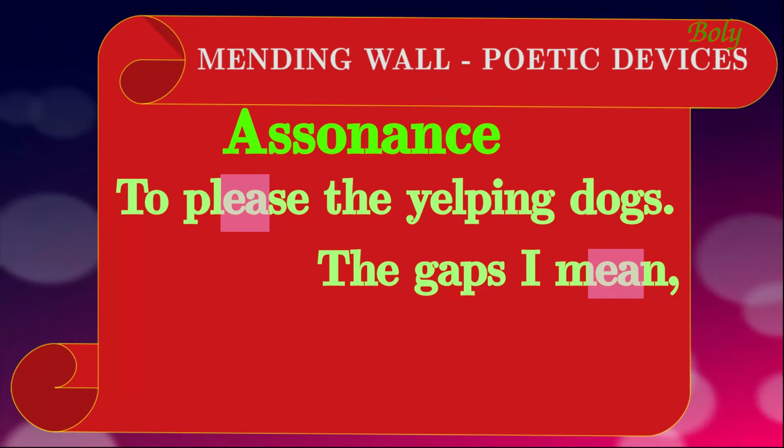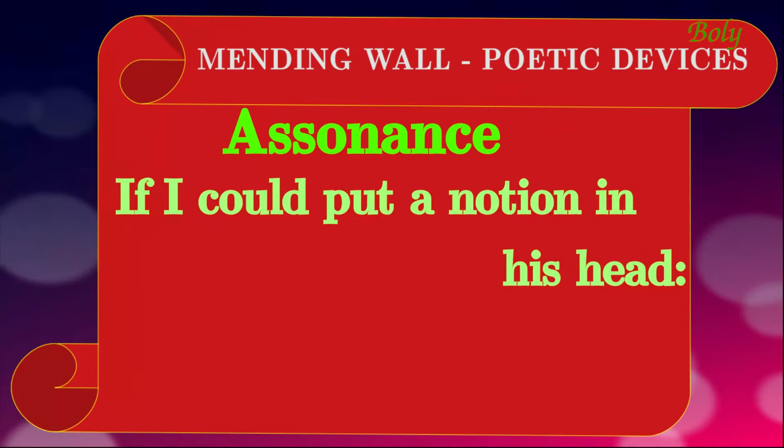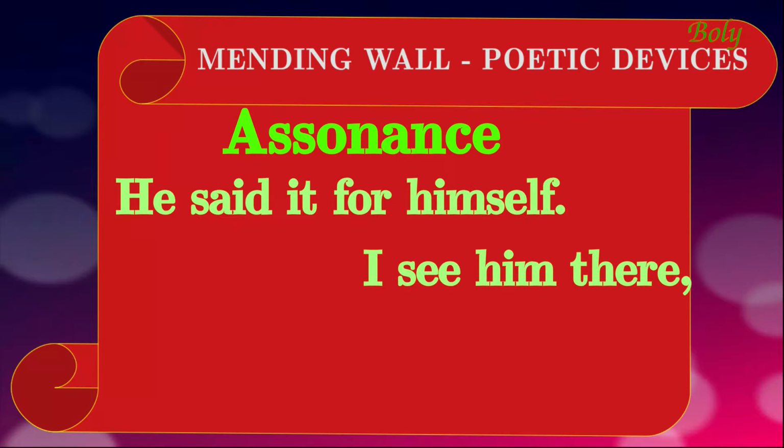Then in the 29th line, "If I could put a notion in his head," could, put. The O sound is repeated. Again in the 38th line, "he said it for himself. I see him there." He, see. The E sound is repeated. Again, an example for assonance. You can find out some more examples in the poem.